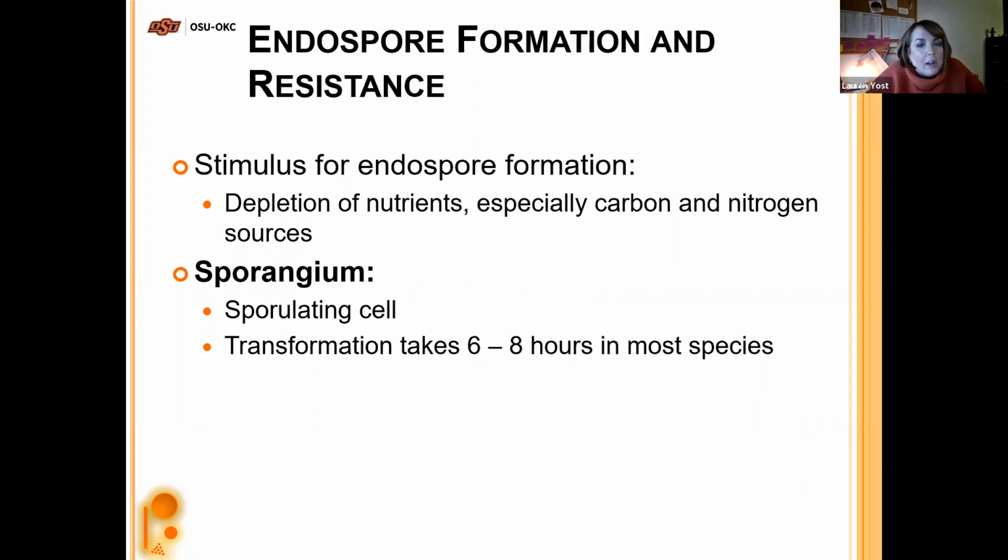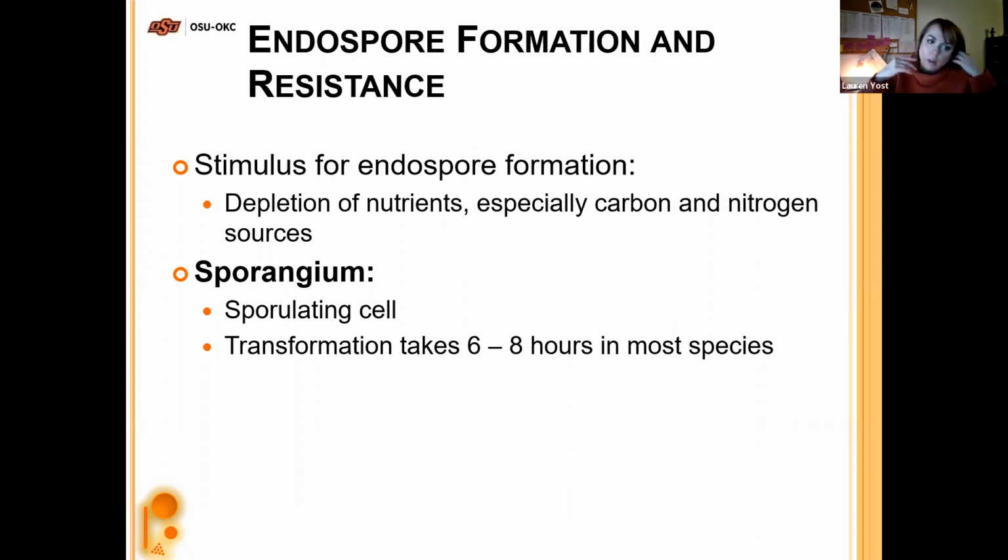So the sporangium, because we're just going to jump around in all these terms, is the term referring to the sporulating cell. So you're a vegetative cell, things are fine, then you start running out of food. You're having a real hard time finding a carbon source, and you're like, oh geez, I should probably sporulate.